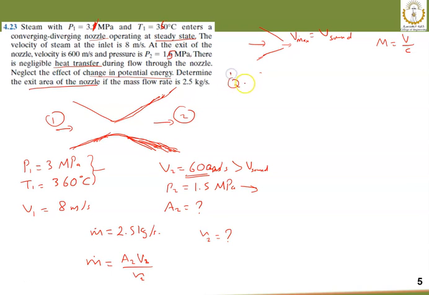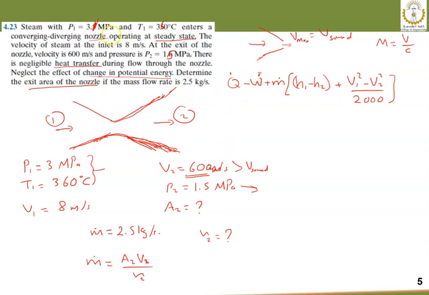Q dot minus W dot plus m dot times (h1 minus h2 plus (V1 square minus V2 square) over 2000). Remember we divide by 1000 because these h will be in kilojoules.